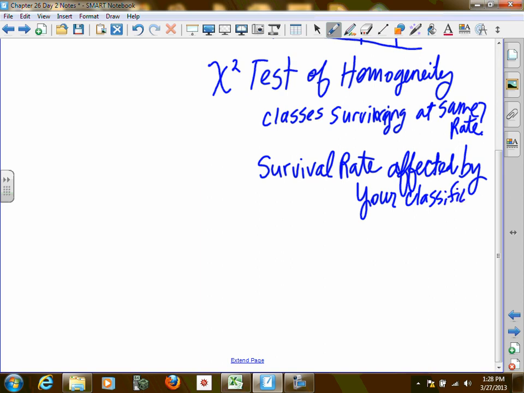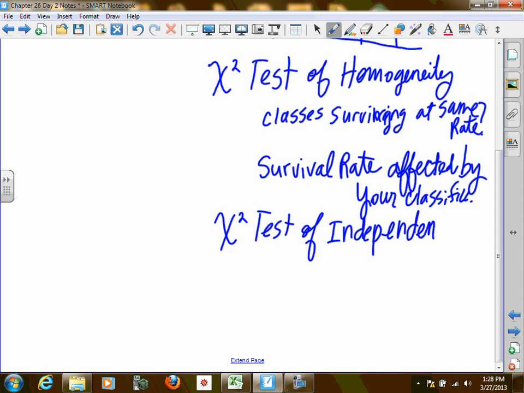Then you would call it a chi-squared test of independence. Are they going to come out with the identical conclusion? Yes. They are computed the same way. They come to the same conclusion, essentially. It's just kind of the way you say it.